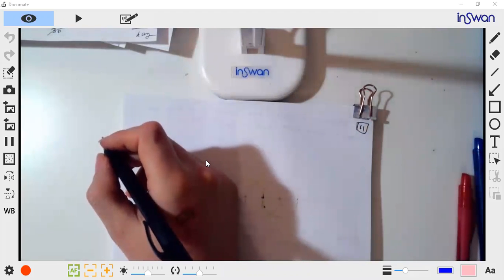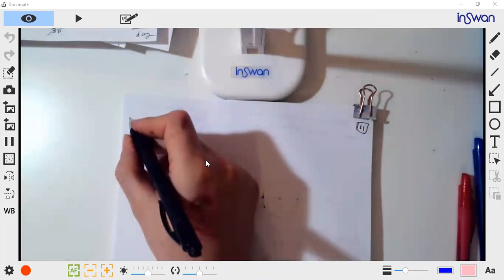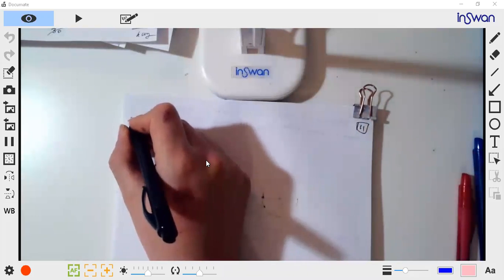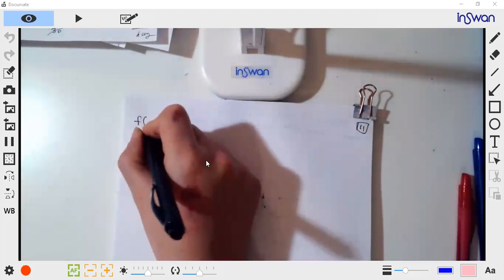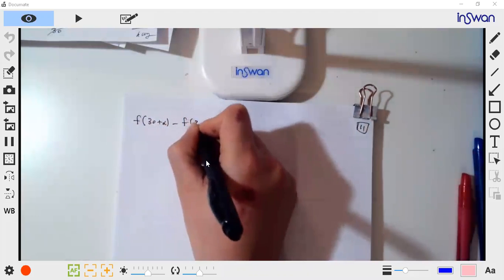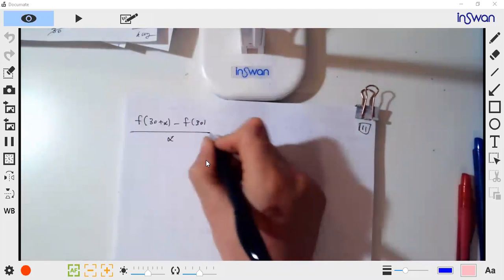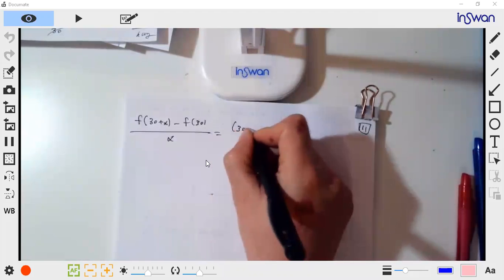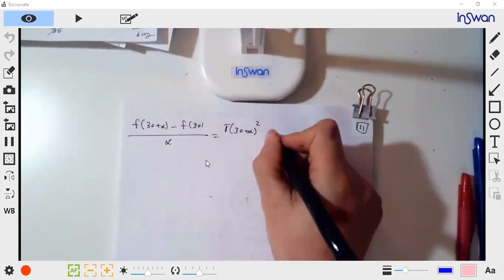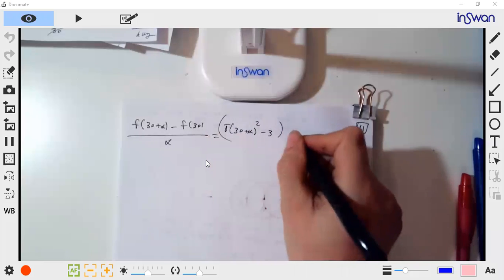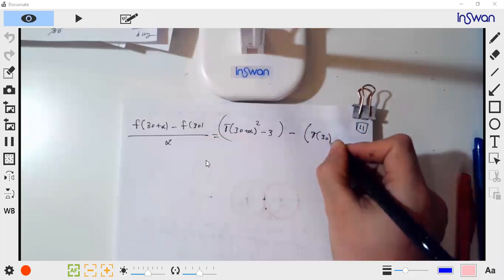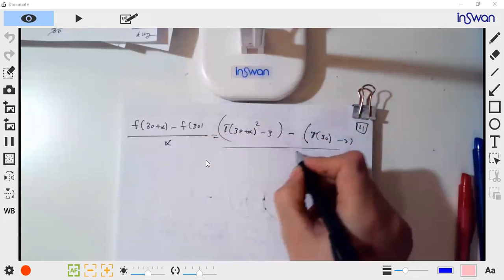So let's say, I don't know, at day 30, the instantaneous rate of change at day 30 would be your f of 30 plus some alpha minus f of 30 all over alpha. So this is the same thing as pi times (30 plus alpha) squared minus 3, minus pi times 30 squared minus 3, all over alpha.